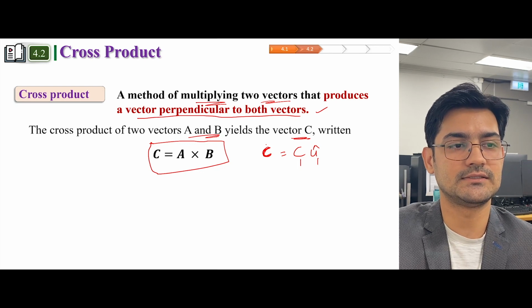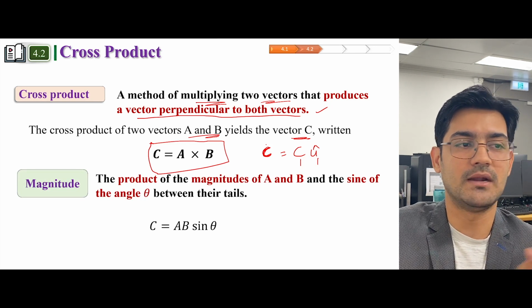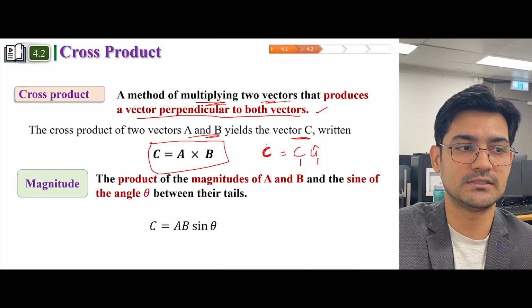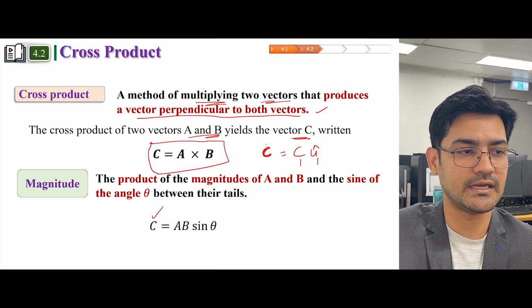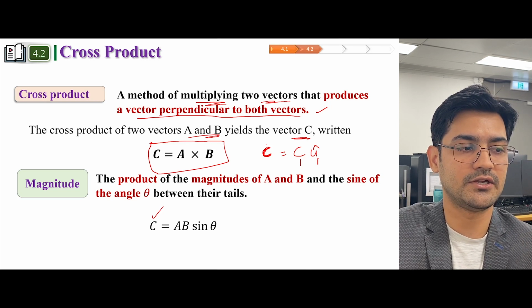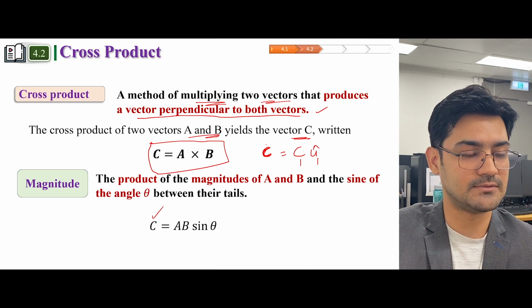Now let us find the magnitude of the resultant by multiplying two vectors. If we multiply two vectors, how can we calculate the magnitude of the result? This C is actually a vector magnitude, so I have written it in non-bold form, which represents magnitude.